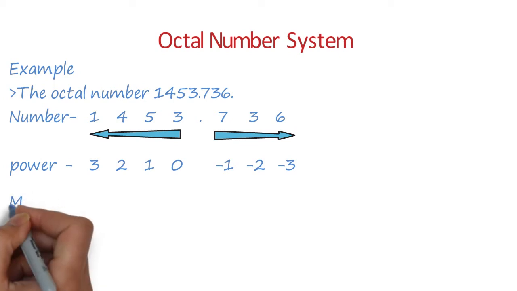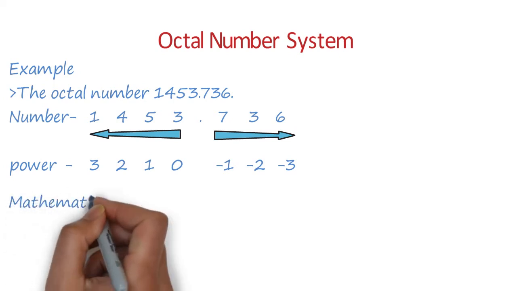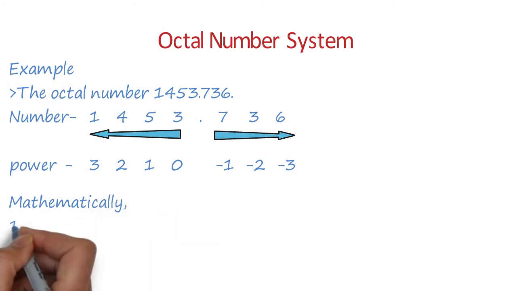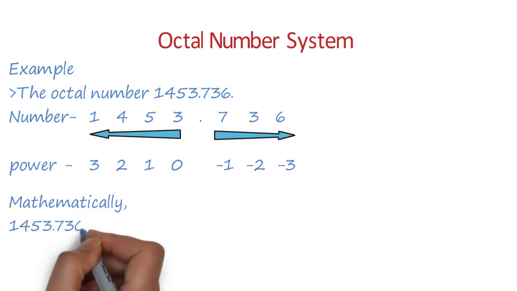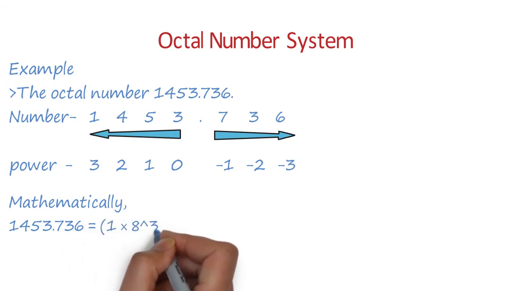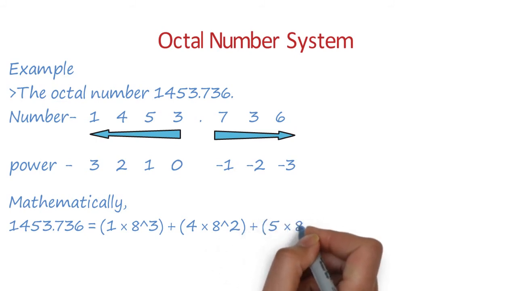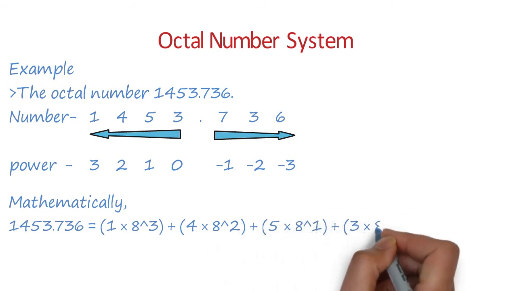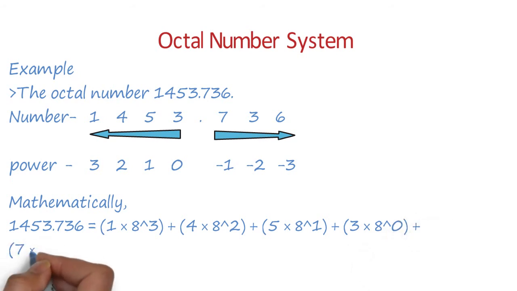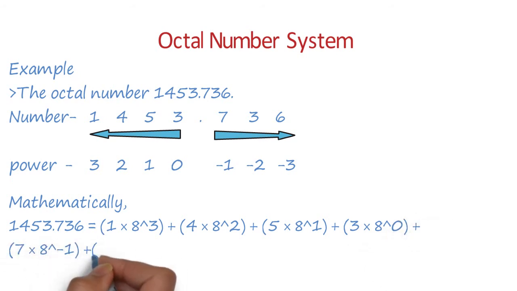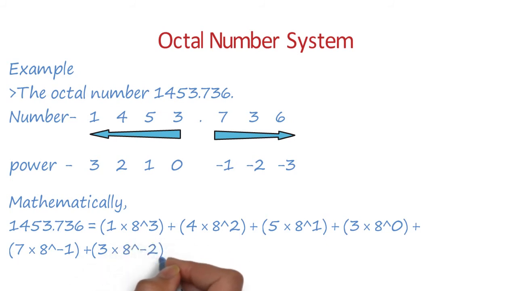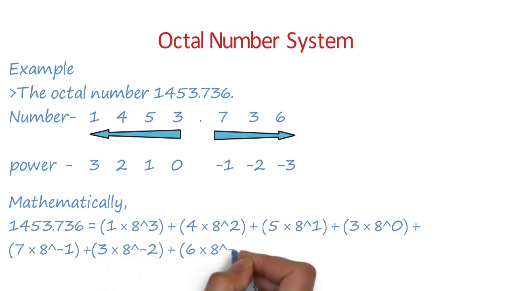We can represent this value mathematically using the following equation. 1453.736 is nothing but 1 into 8 raised to 3 plus 4 into 8 raised to 2 plus 5 into 8 raised to 1 plus 3 into 8 raised to 0 plus 7 into 8 raised to minus 1 plus 3 into 8 raised to minus 2 plus 6 into 8 raised to minus 3. After simplifying the RHS, we can get the equivalent value of 1453.736.